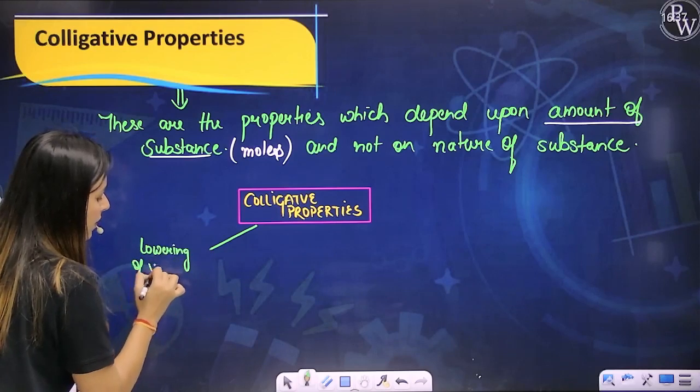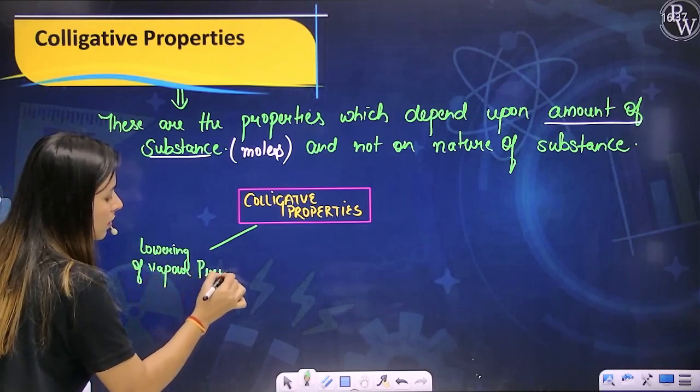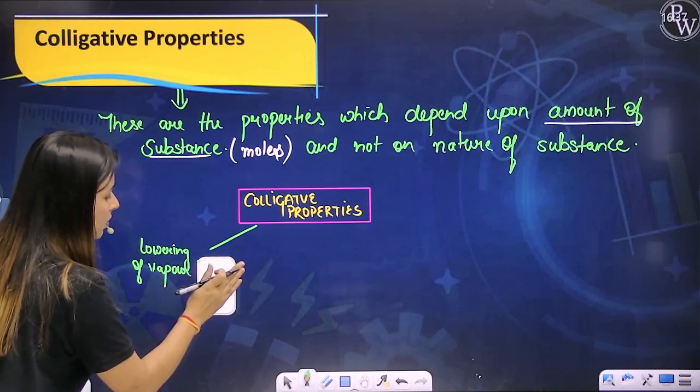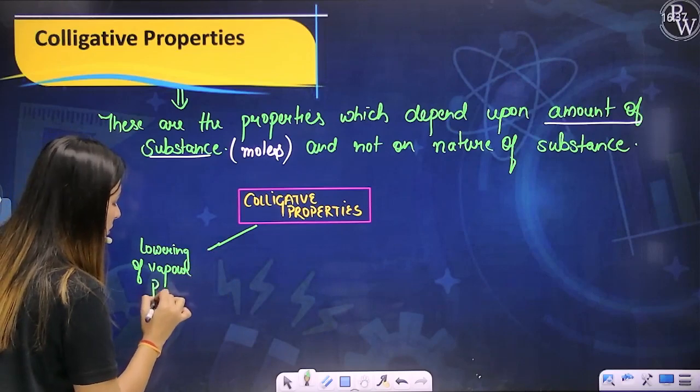I'll write it here only. Lowering of vapor pressure.